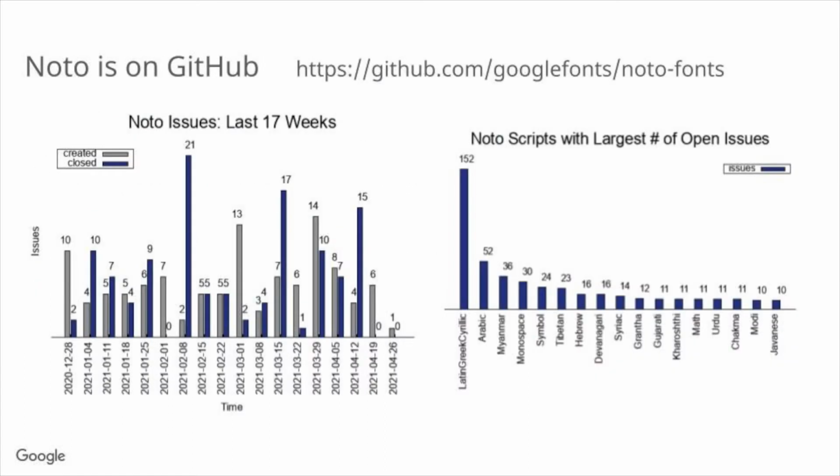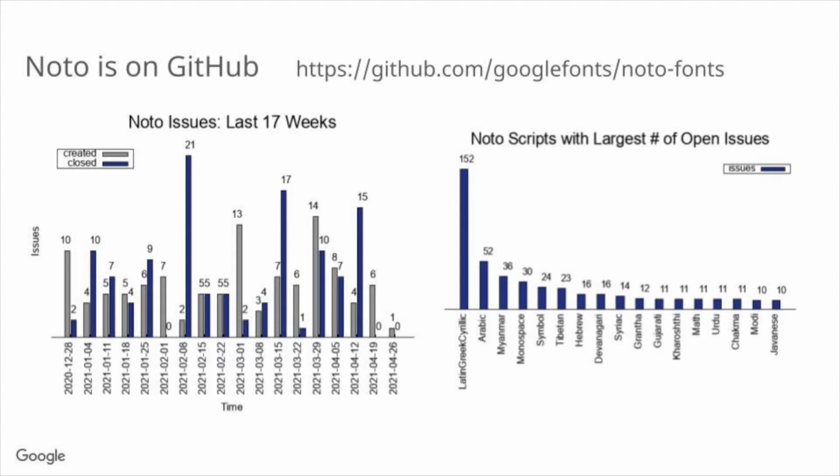Noto is open source. Both the script sources and the font binaries are available on GitHub. Anybody can download Noto and use the fonts. Some people contribute to source changes, but many more people contribute by documenting what they consider to be issues with the fonts.